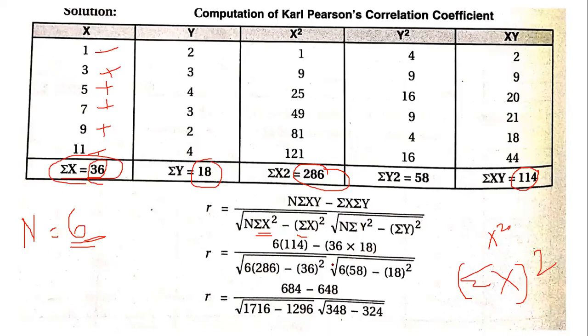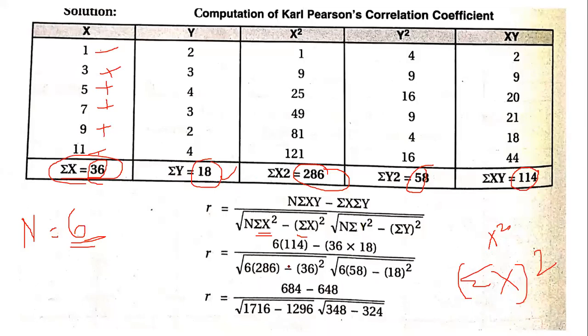So square of that 36 you have to calculate. Then again for the y calculation, again the n is going to be 6. Sigma y square is 58. So 6 into 58 minus sigma y whole square. So sigma y is 18, whole square. For that sigma y you have to calculate. Okay, so that will be your next step.